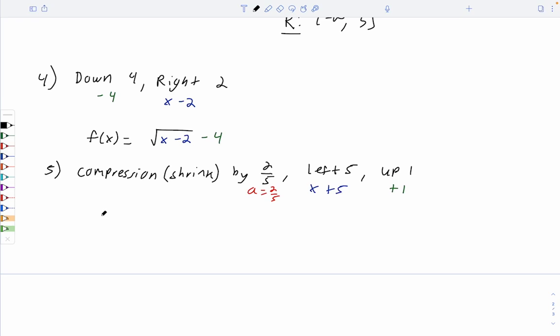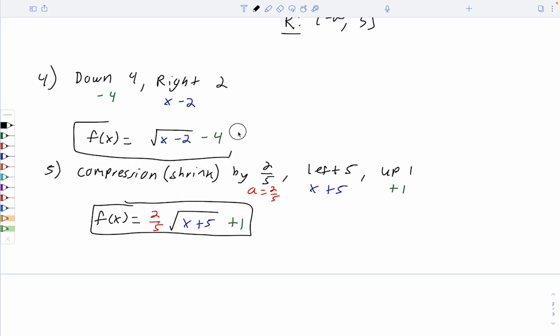So then a function that has this would be f of x equals, my a value is 2/5, that produces a compression or shrink by 2/5. Then square root of left 5 would be x plus 5. And then up 1 would be +1. And there we go. That is a square root function that has these transformations.